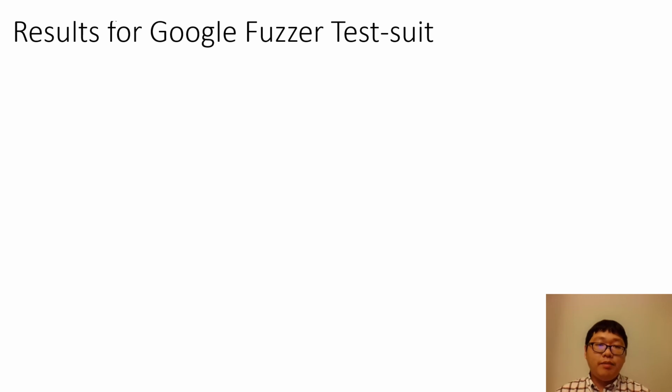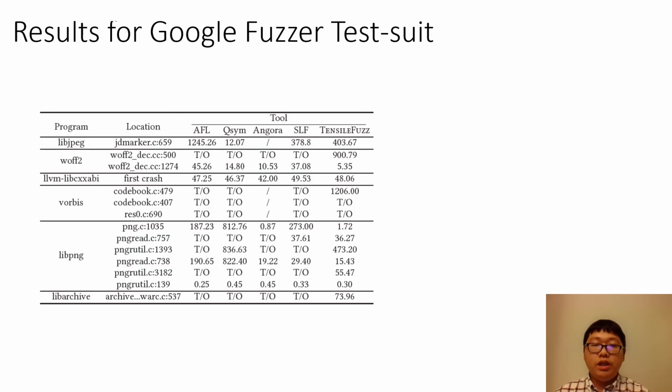Another set of experiment is on the Google Fuzzer test suite, which takes some locations to see if a testing tool can reach these locations. In total, we evaluate on 14 locations. In the table, TO means timeout for 24 hours, and NA means the tool does not work on the program.